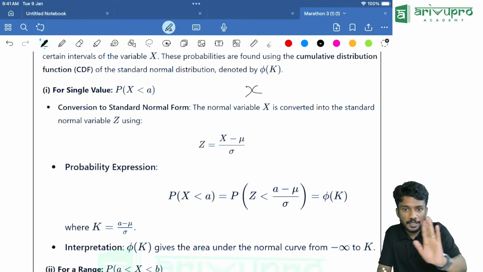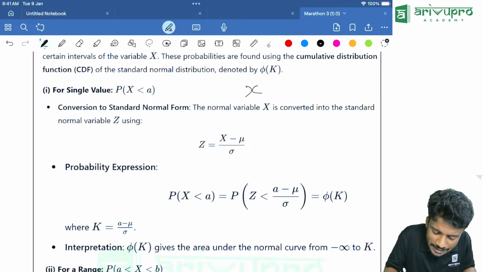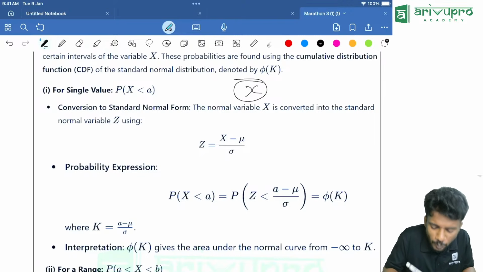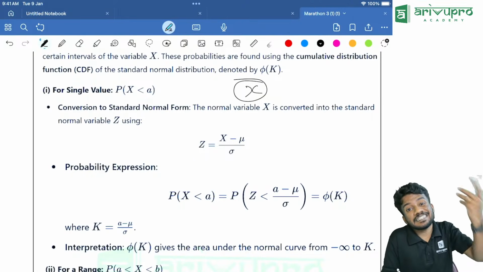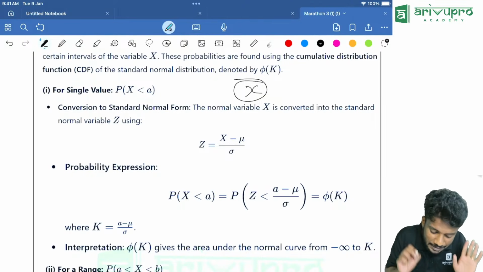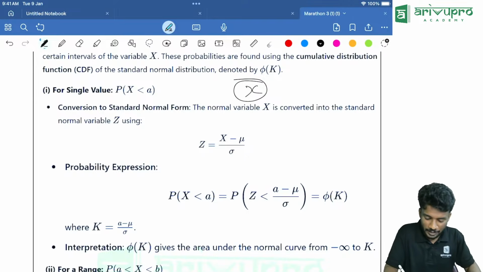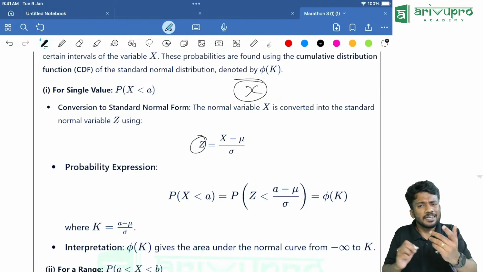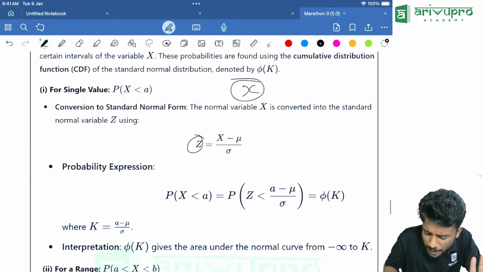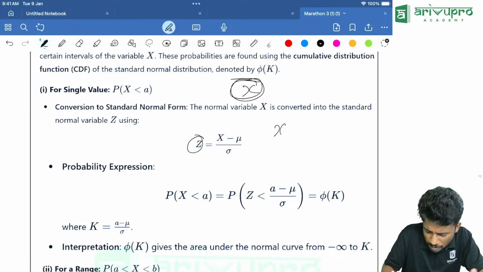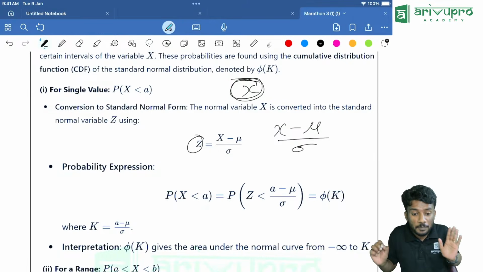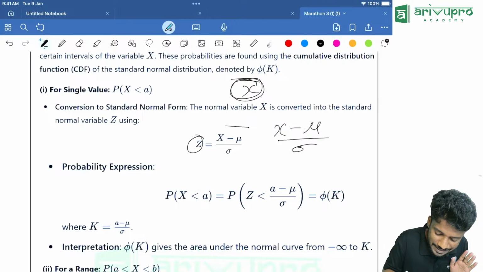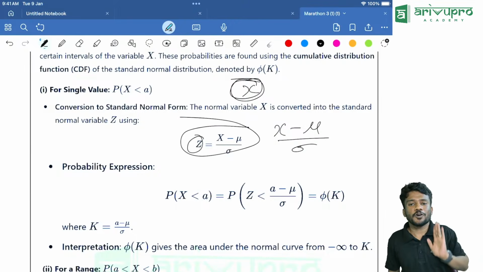We have another variable called the standard normal variable, that is z. That is nothing but x minus mu divided by sigma. Variable minus mean divided by sigma is our standard normal variable.